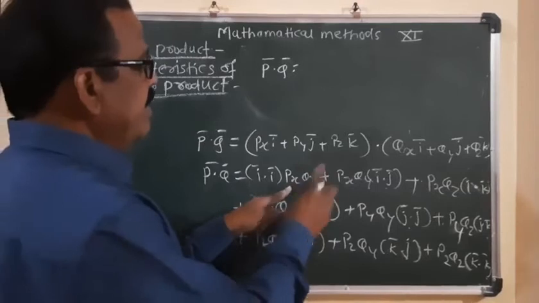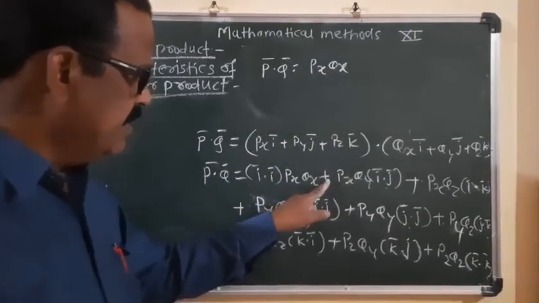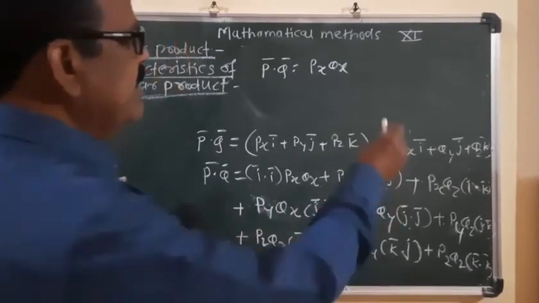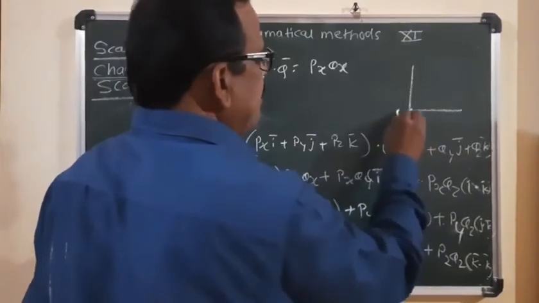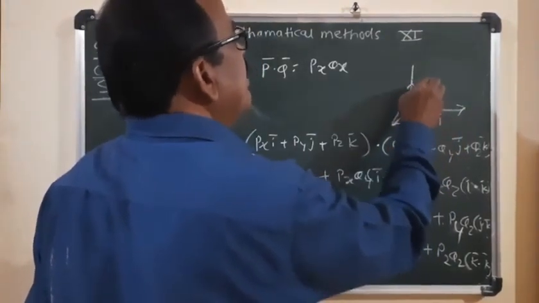The term remaining is only Px Qx, plus Px Qy I bar dot J bar. In this case, the three-dimensional coordinate system has I bar, J bar and K bar.